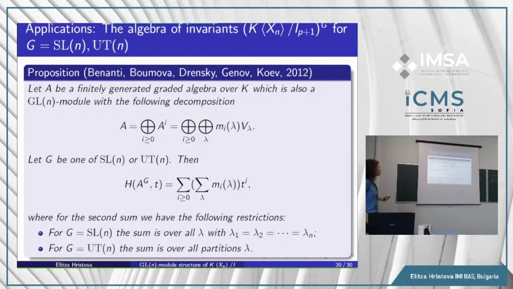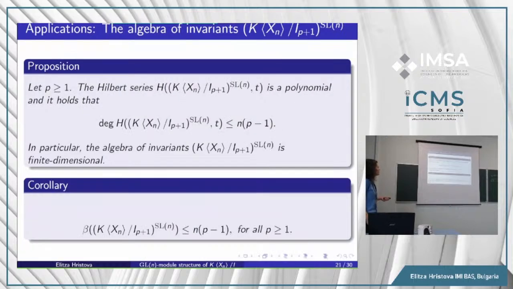We gave some bounds there on the non-zero multiplicities, and now we can use these bounds to get not an exact formula for the Hilbert series, but bounds on the form of the Hilbert series. And this is the first result. If we take the group to be SL_N, then this formal power series is actually a polynomial, not an infinite sum, and we give a bound on the degree of this polynomial.